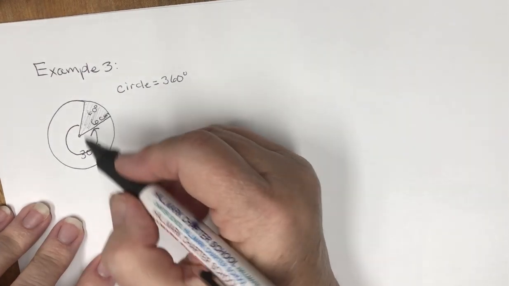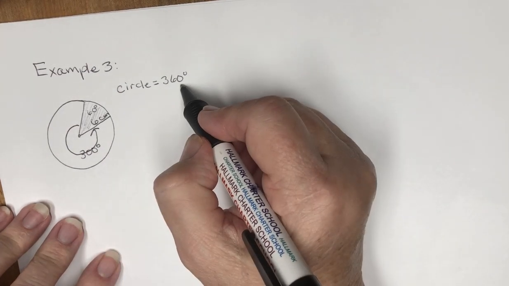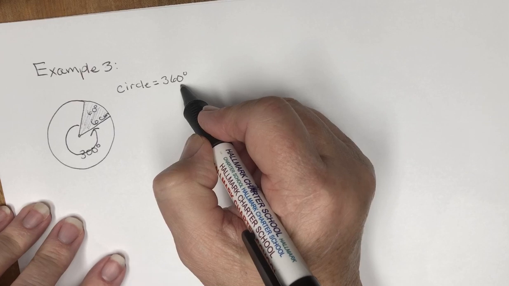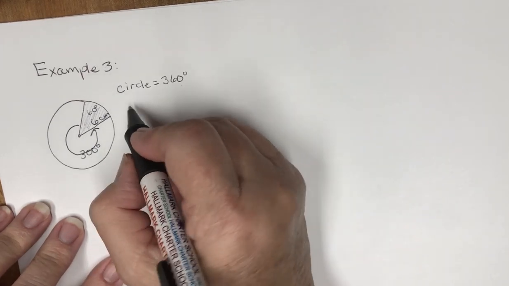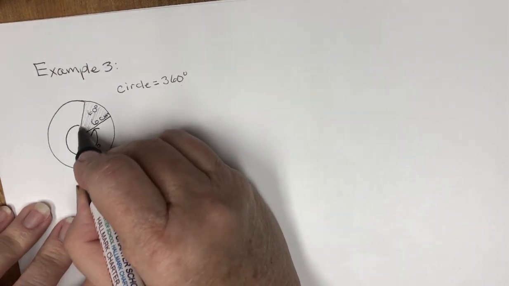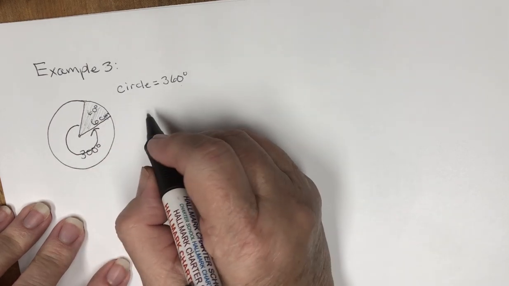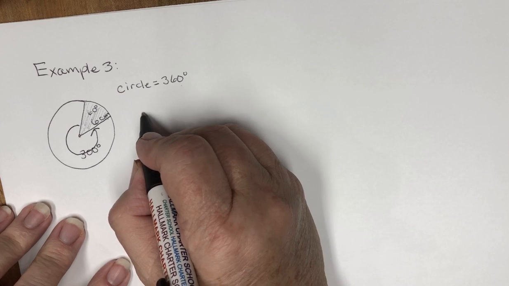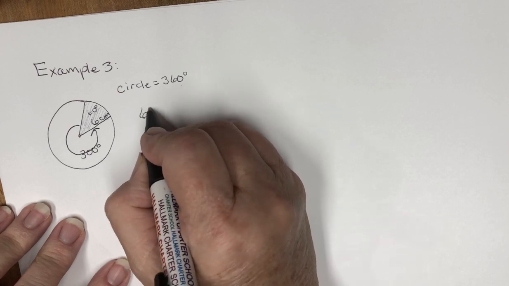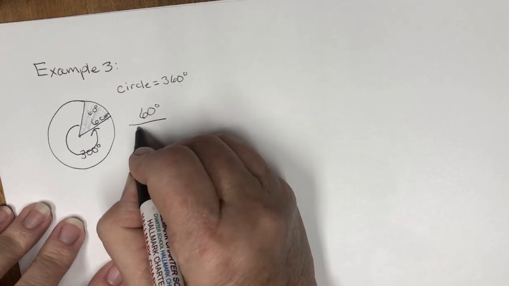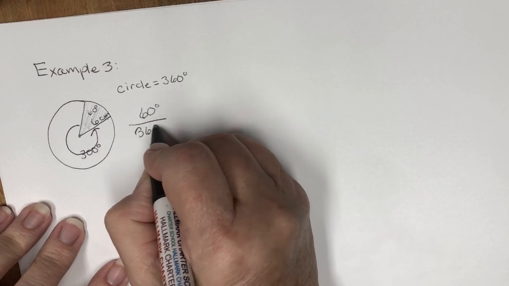If I add 60 and 300, I get 360. Now, that means that this shaded piece, this is what they call a sector, is 60 degrees out of 360 degrees.